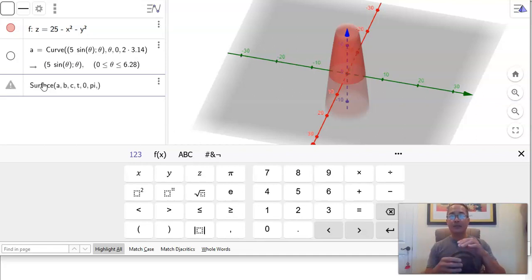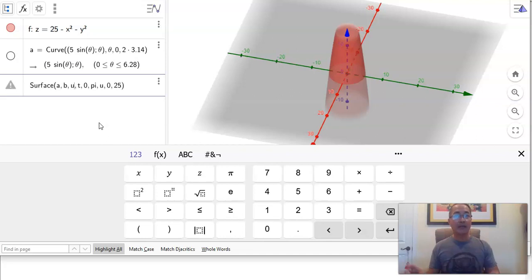Since we know that the paraboloid stops at 25, let's just go all the way to 25. So u will go from 0 to 25. Z will be u, going up and down from 0 to 25.